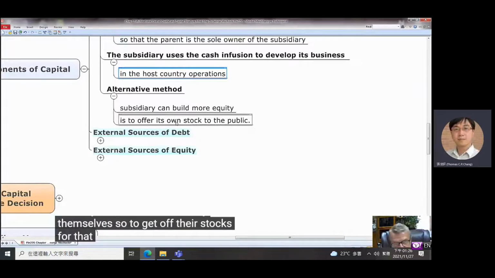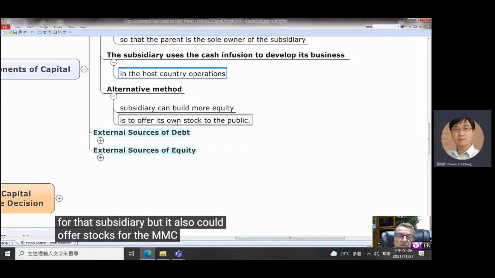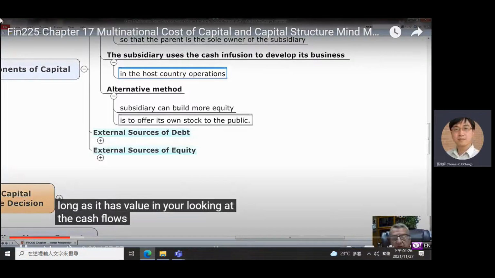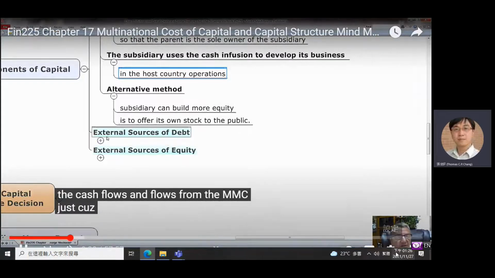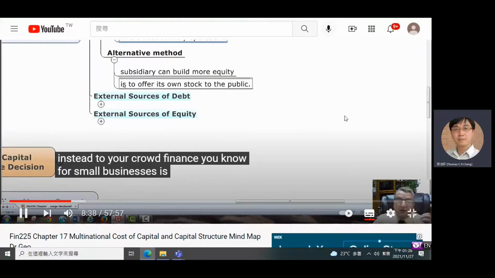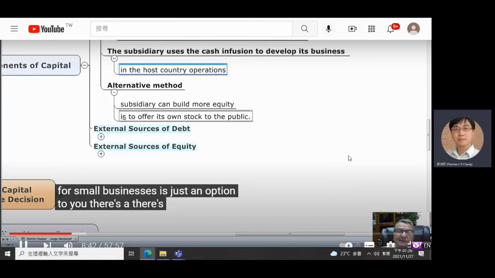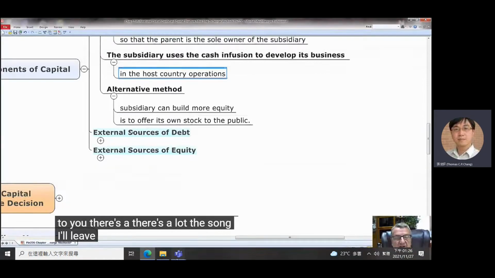So they could offer stock for that subsidiary, but it also could offer stock for the MNC, as long as it adds value overall. I'm looking at the cash flows and inflows from the MNC. It just gives you an alternative way. Remember, there's a lot of flexibility in finance in how you want to finance that. You've got crowdfunding now for small businesses. Is this an option to you? There's a lot. I'll leave it at that.